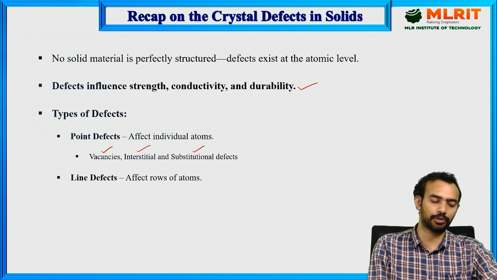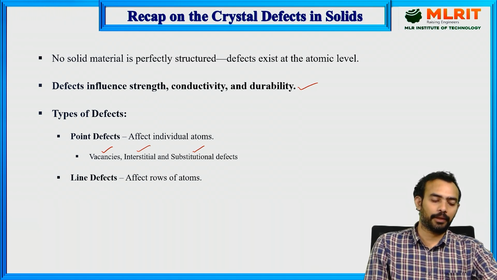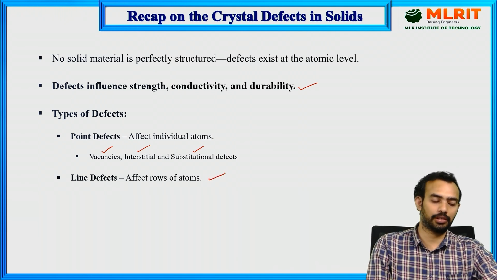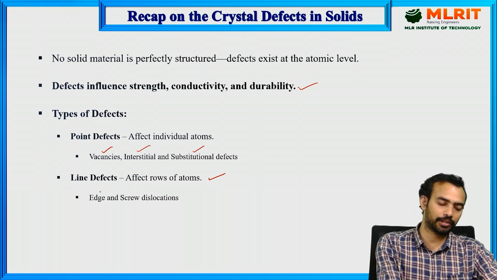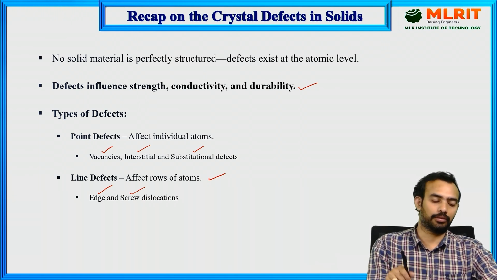Then we have also discussed line defects. If a row of atoms has certain misalignment or is missing from the regular arrangement, such defects are treated as one-dimensional defects, also called dislocations or line defects, under which we have discussed edge dislocation and screw dislocation, where you see the spiral movement of the atoms.